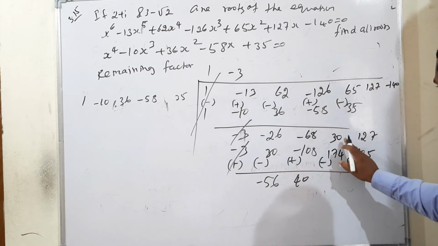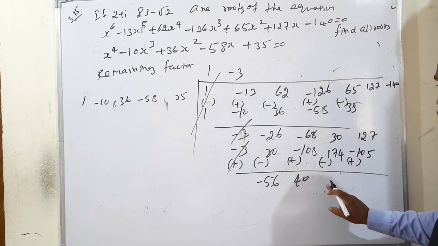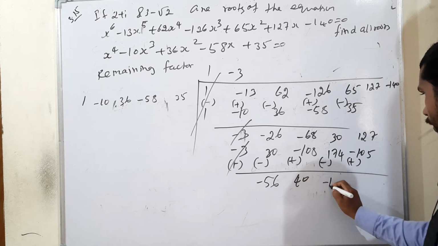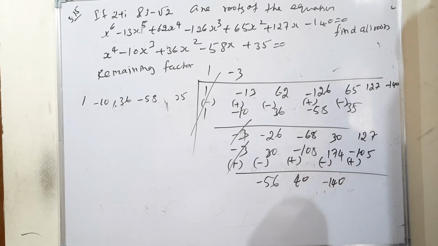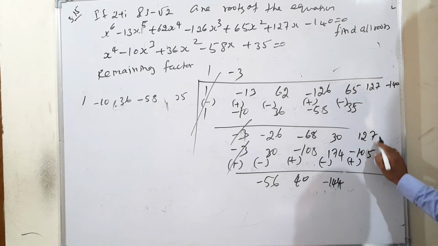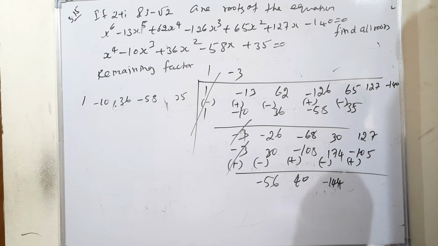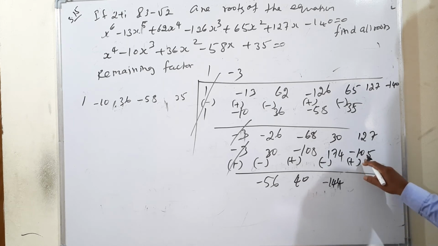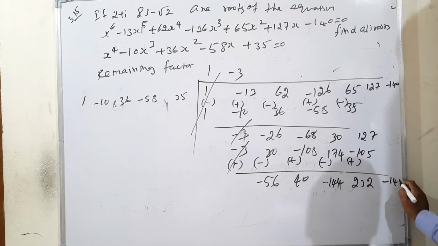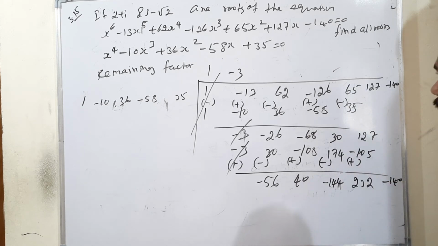Yeah, we'll check it. Now 30 minus 174 means minus 144 will come. Last condition, 127 and 105, definitely add, so 232. The last one, negative 140.